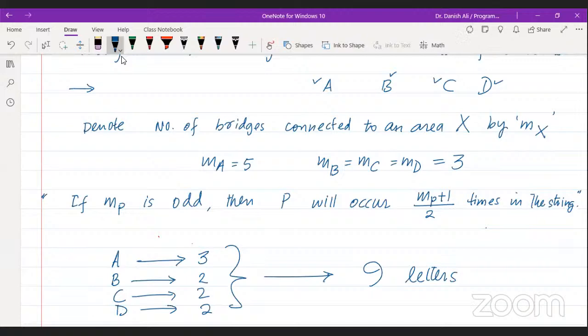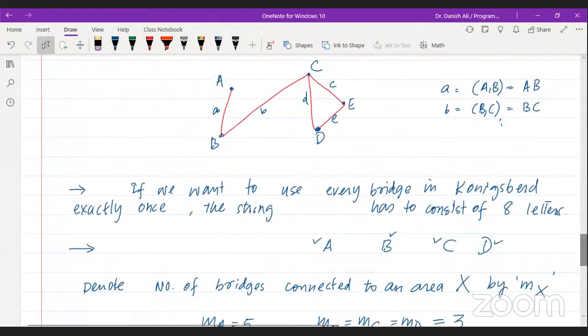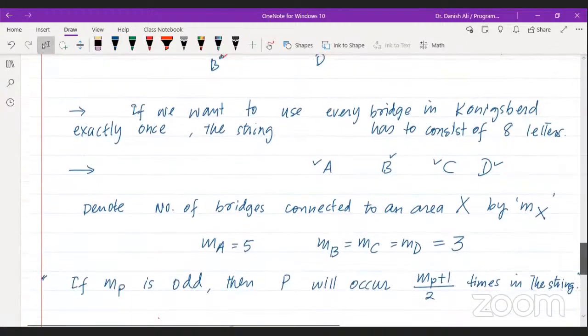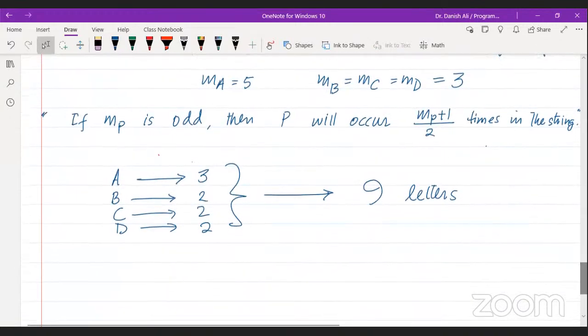But what we get from the previous is that since there are only 7 bridges, if somebody is going through each bridge exactly once, the string must consist of 8 letters. But the situation tells us that there will be 9 letters. So this is a contradiction.